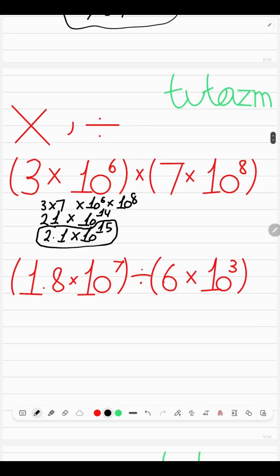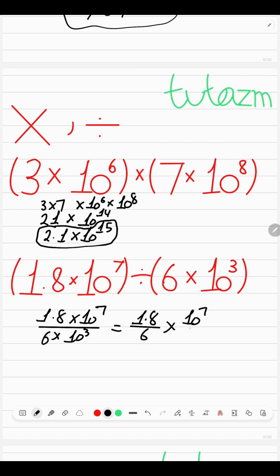Division works similarly, because this is basically 1.8 times 10 to the 7 over 6 times 10 cubed, which is the same as 1.8 over 6 times 10 to the 7 over 10 cubed.